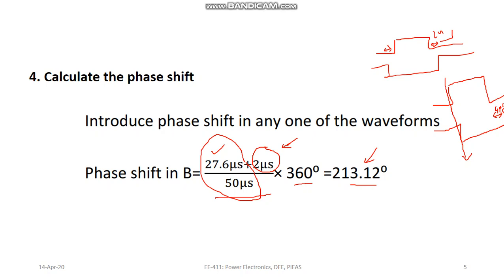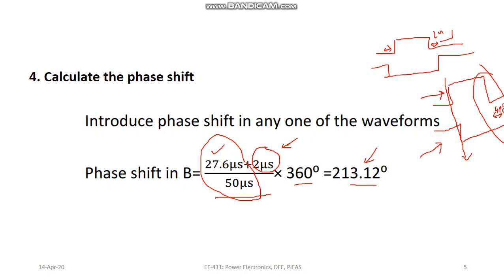So what I have tried to do is to introduce a phase shift in it by delaying it a further 2 microsecond. Instead of having the dead time on one side, I will slide this waveform a bit forward.